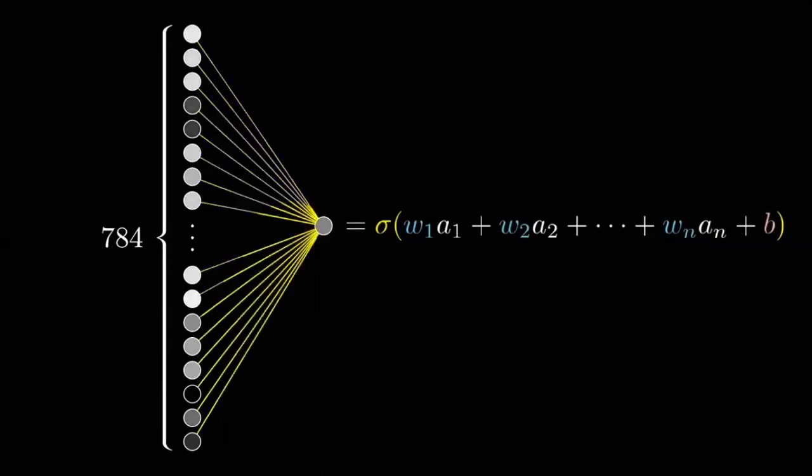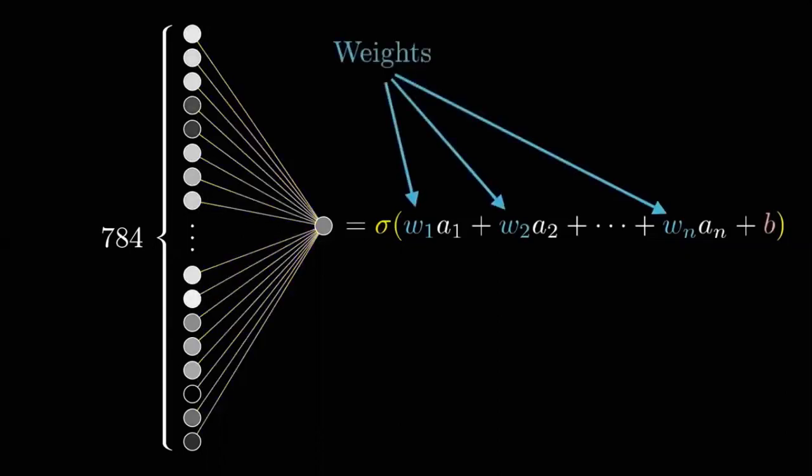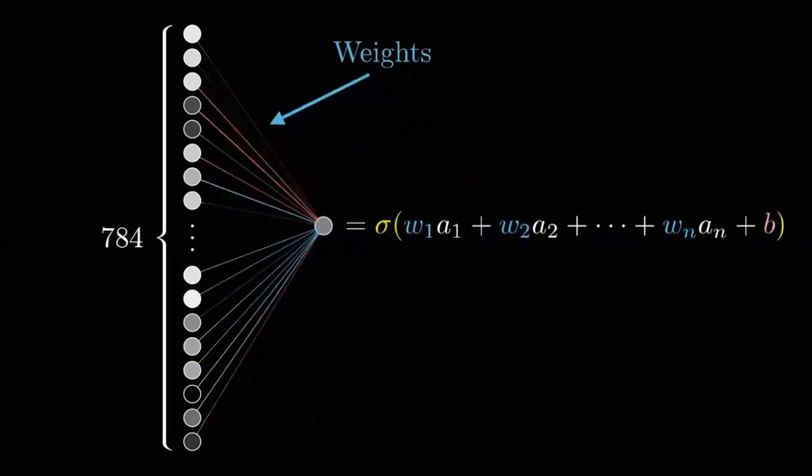All of the neurons in the previous layer, and the weights in the weighted sum defining its activation are kind of like the strengths of those connections.